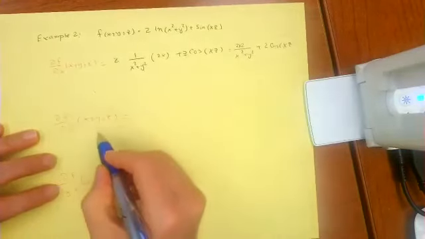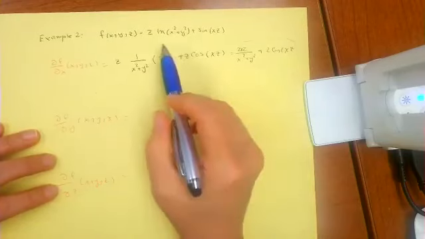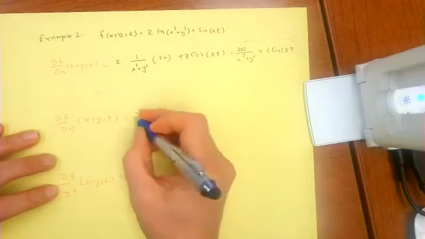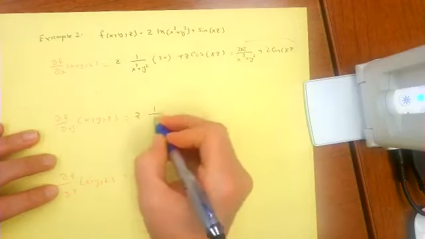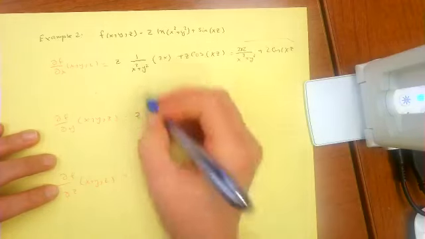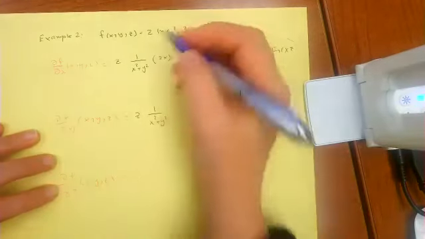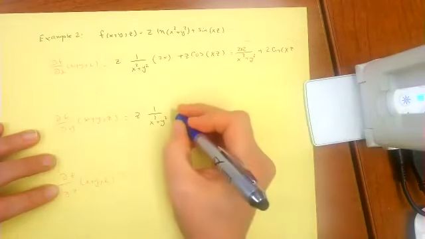Partial of f with respect to y, let's go back. Again, z is the constant. The derivative of natural log is 1 over inside times the derivative of the inside. And the partial of the inside is going to be 2y this time.